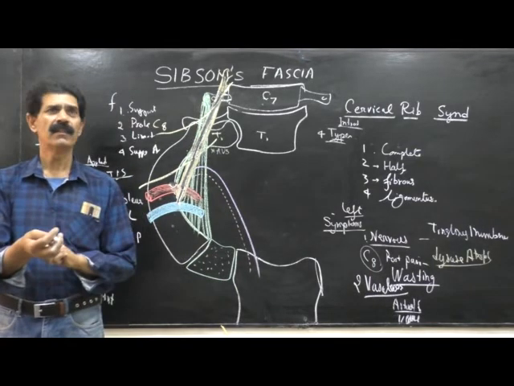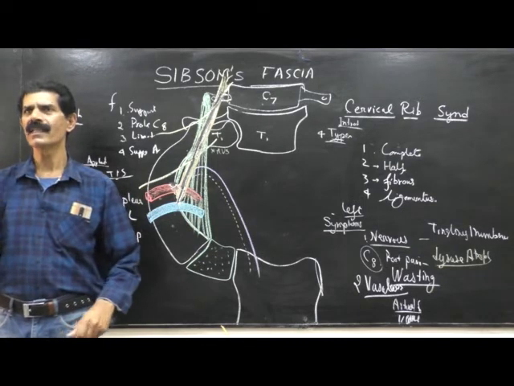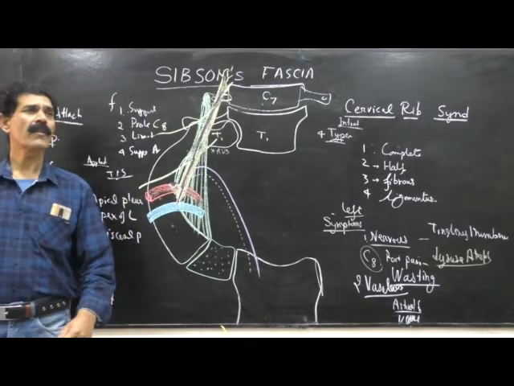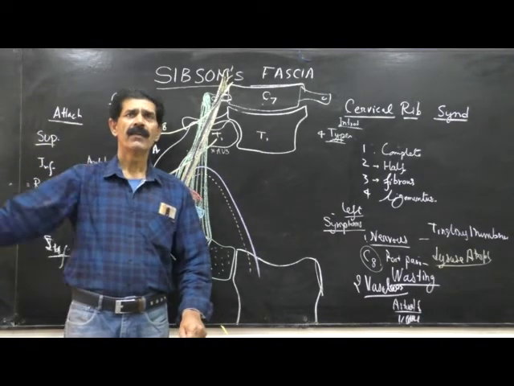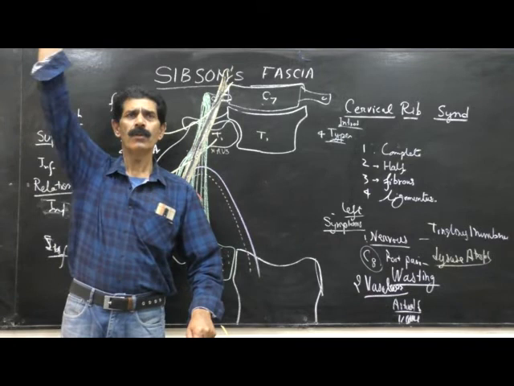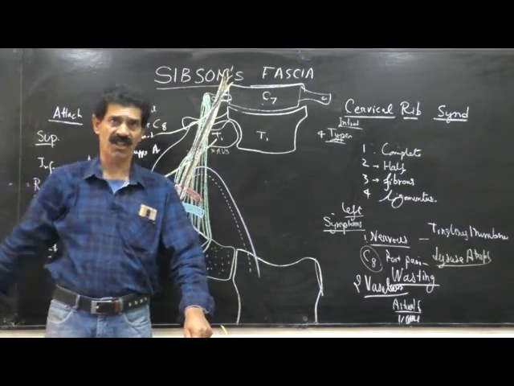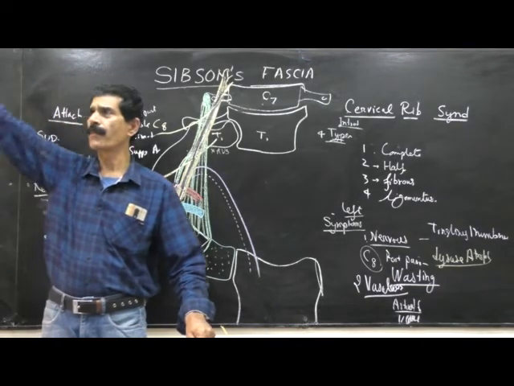The patient doesn't feel it. The doctor will check the pulse and see that its volume is less. It means something is wrong. In order to confirm the cervical rib, we ask the patient to do this. This is called overhead abduction of the upper limb.